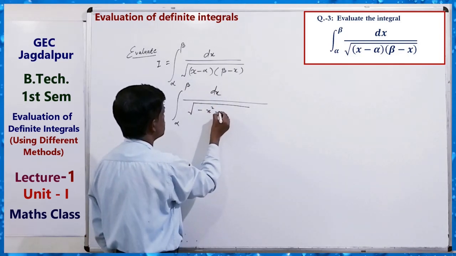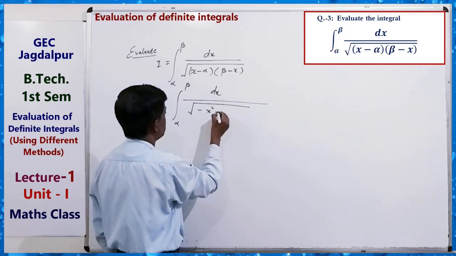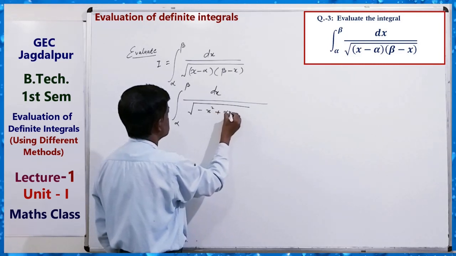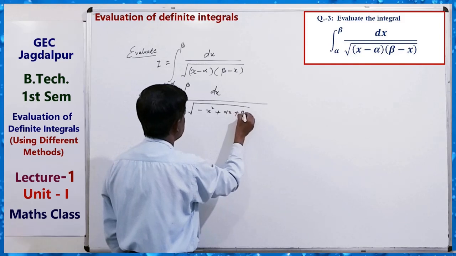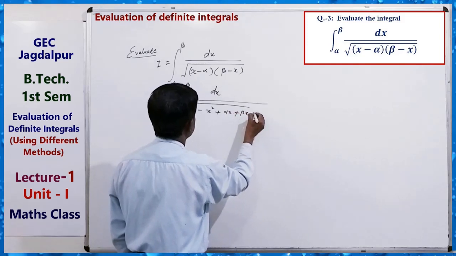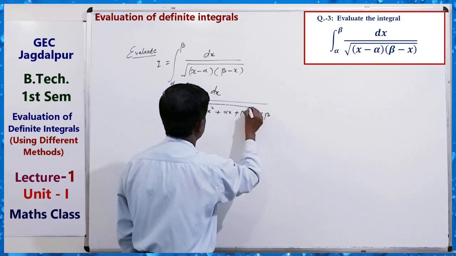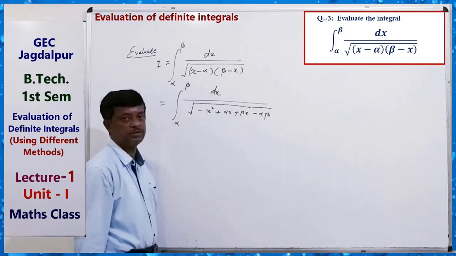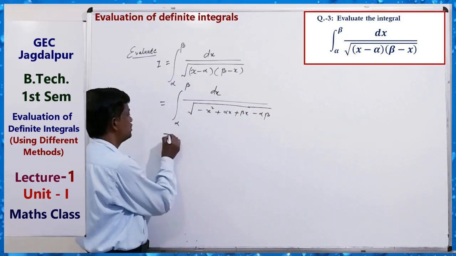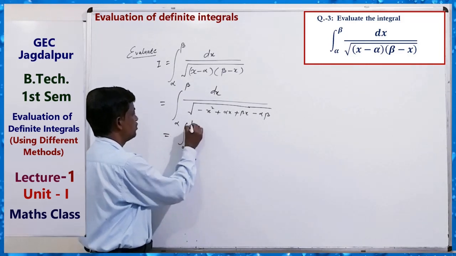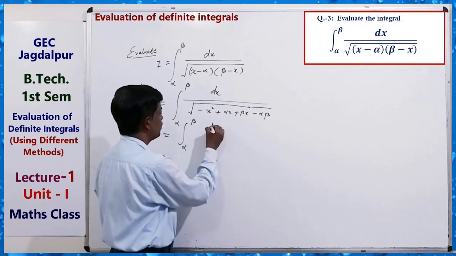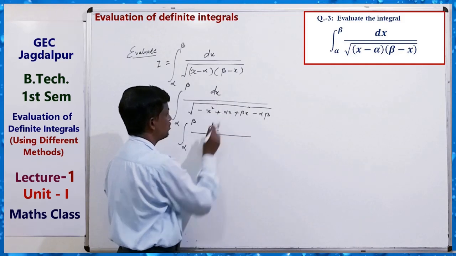So plus alpha x plus beta x minus alpha beta. Just after multiplying, we can get it like this. So this is equal to what? Alpha to beta dx upon, how can we write it?